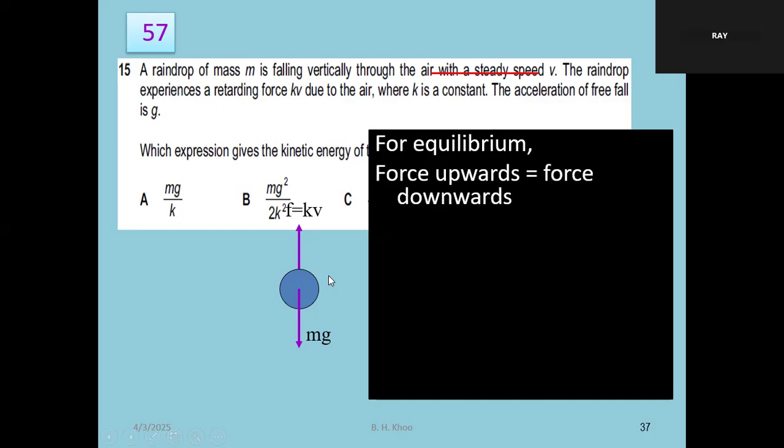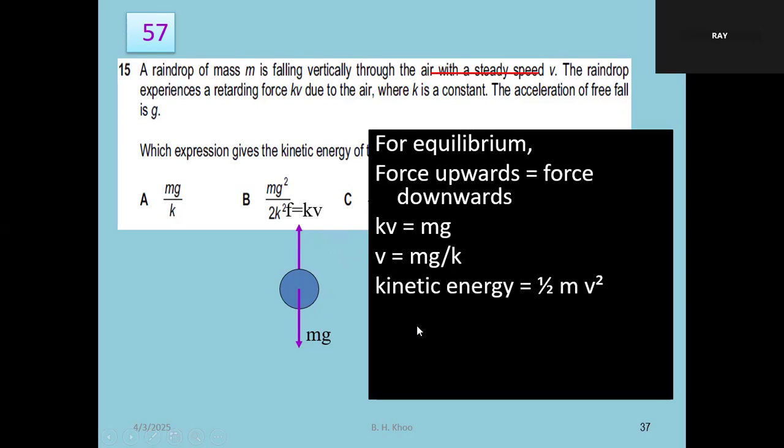Force upwards equals force downwards. kv equals mg. Make v the subject, take the k down, cross multiply. Kinetic energy formula, replace the v with that v there. Okay. For equilibrium, kv equals mg. Equilibrium, this one. Terminal velocity.